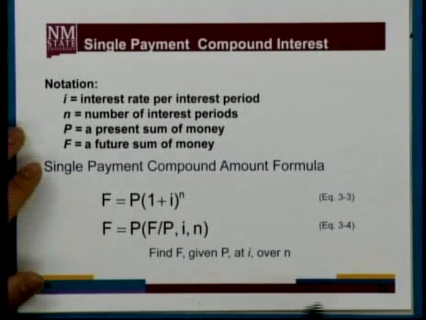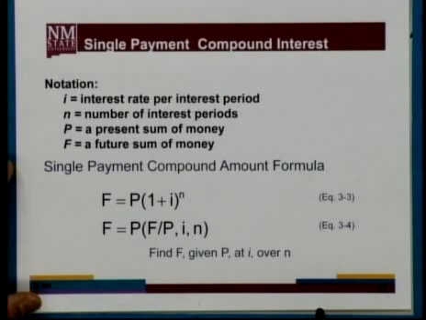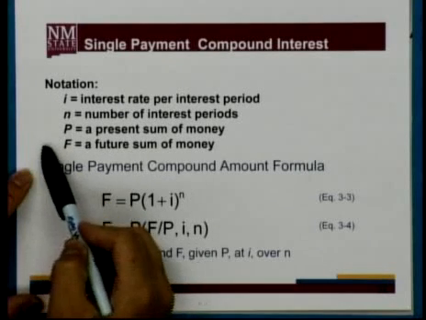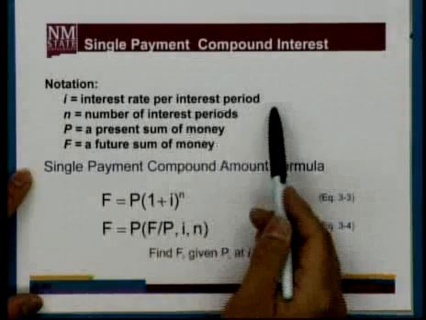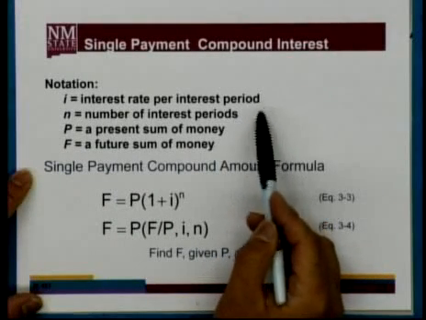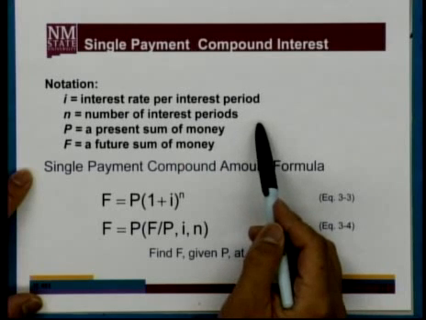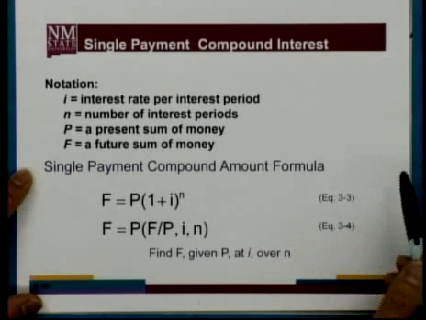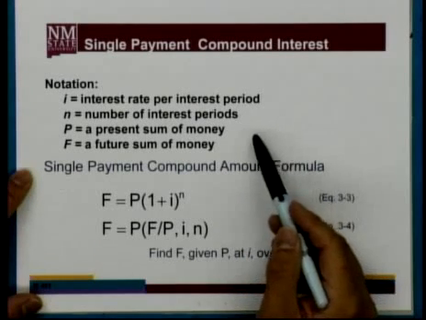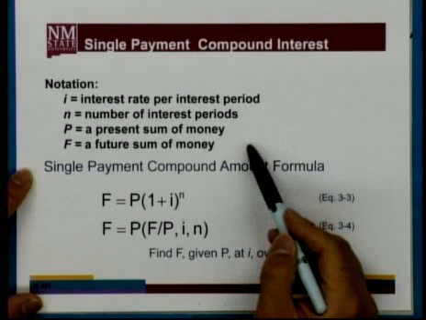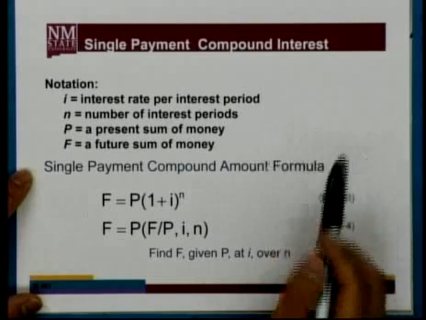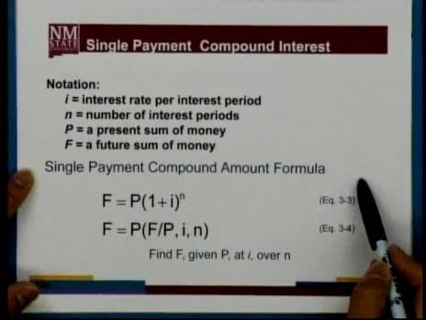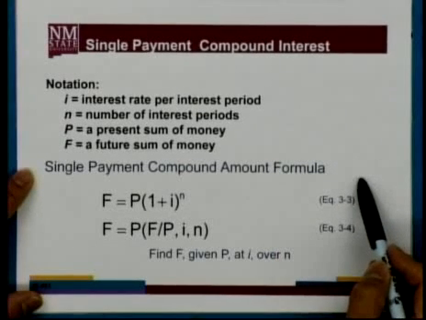In order to facilitate the equivalence computations, we use these notations. Small i represents the interest rate per interest period. Small n is the number of interest periods, and capital P is the present sum of money. Capital F is the future sum of money. Then the single payment compound amount formula is like this.